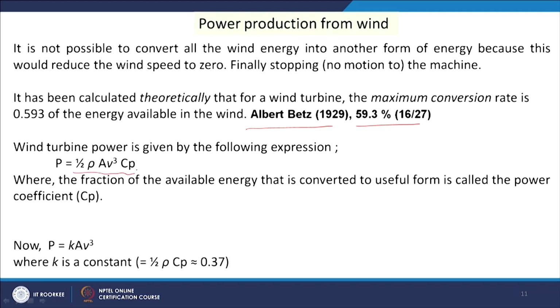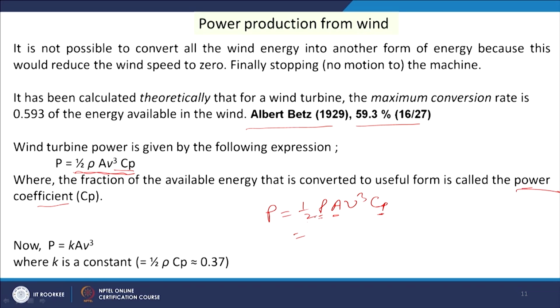So, the turbine power we can express as half into rho into A into V cube, into some constant, that is Cp. Cp is called the power coefficient. So, P is equal to half into rho into A into V cube into Cp. Now, A may change, rho is the property of the wind and Cp is also a power coefficient.